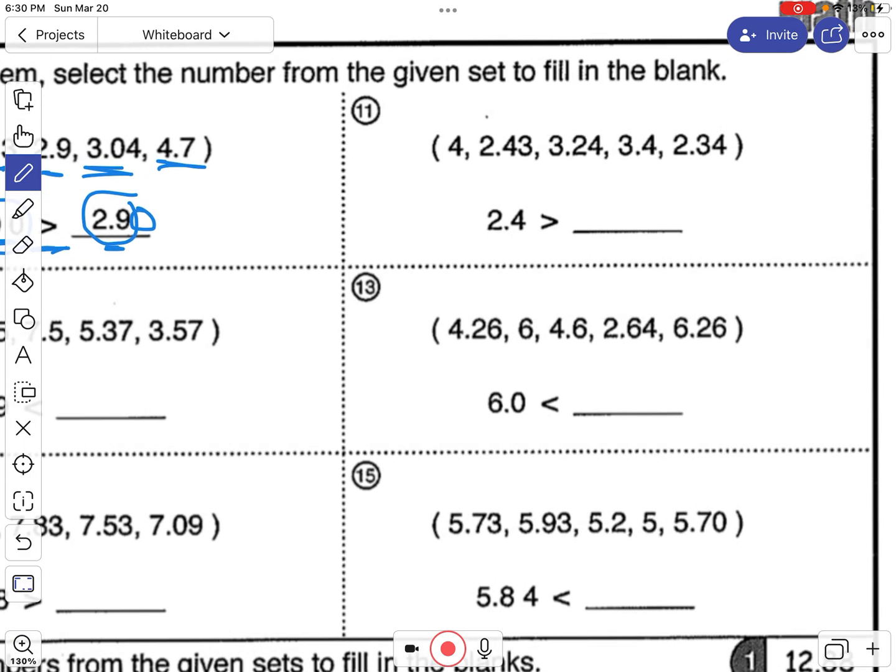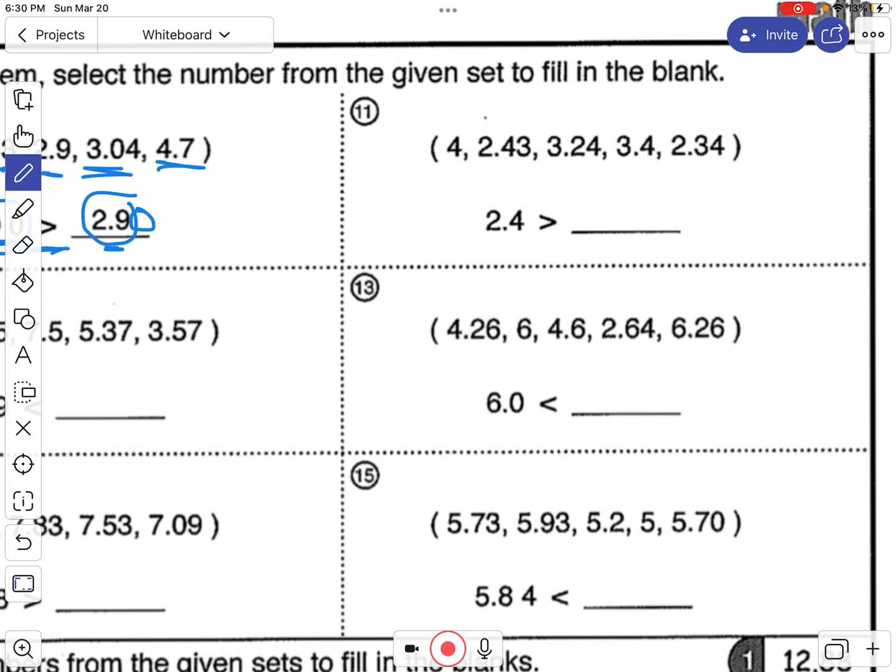All right, why don't you try number 11? Pause the video and then turn it back on. 2.4 here is the big number. We're looking for the little number here. Well, 2.4 is like 2.40. You should probably fill in a 0 on any numbers that don't have two numbers after the decimal point.